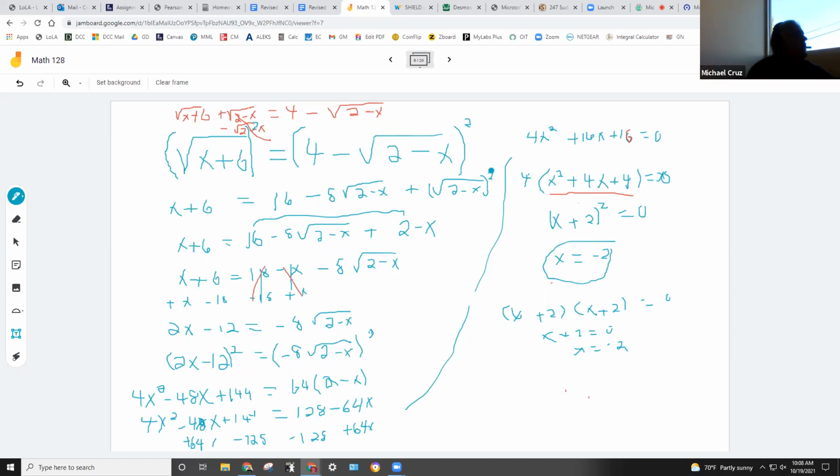Now you could have also, if you didn't recognize that you could factor it there, put it into the quadratic formula, which always works.